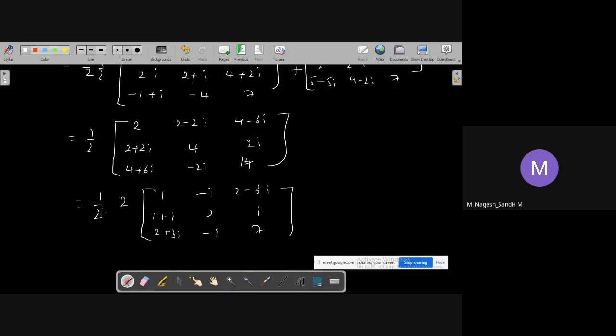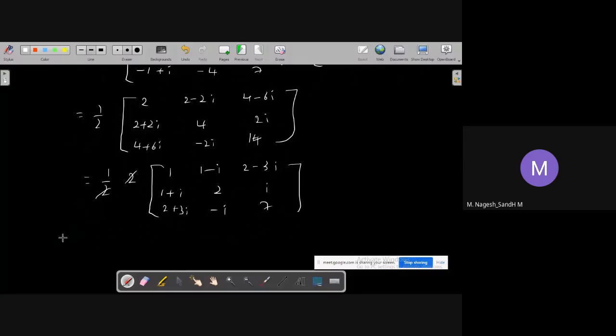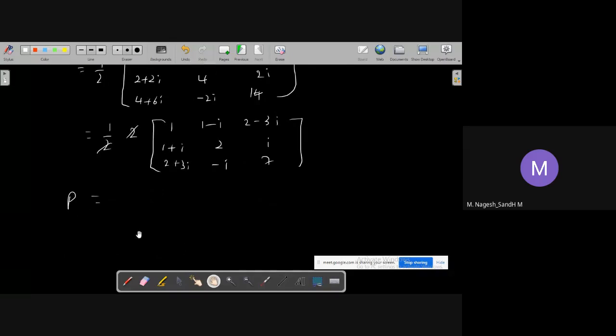This 2 gets cancelled. So now, this is our P. P is equal to what you got: 1 minus i, 2 minus 3i, 1 plus i, 2i, 2 plus 3i, minus i, 7.